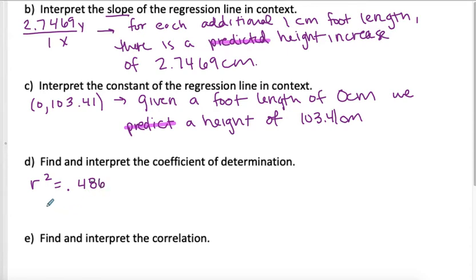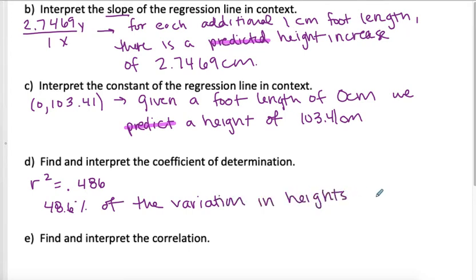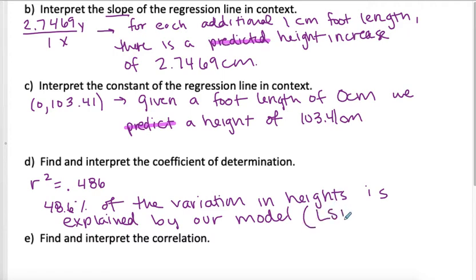And so interpreting that, we would say 48.6% of the variation in heights is explained by our model, the least squares regression line. This is an accepted abbreviation of that, and so you can use that in your explanations here.